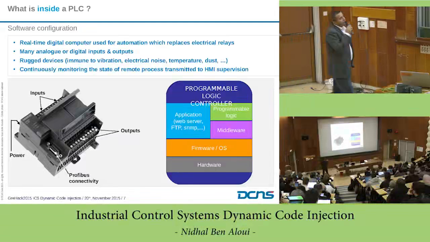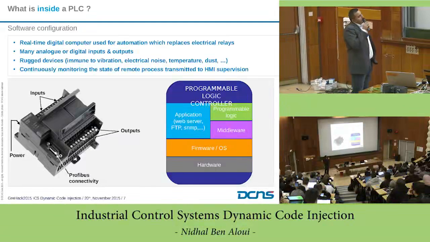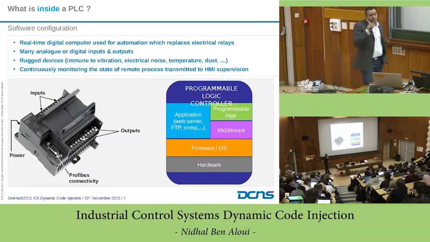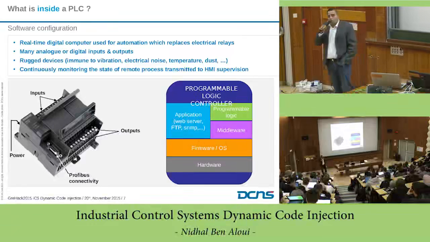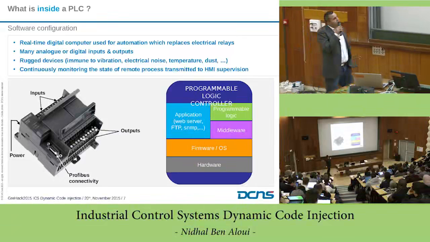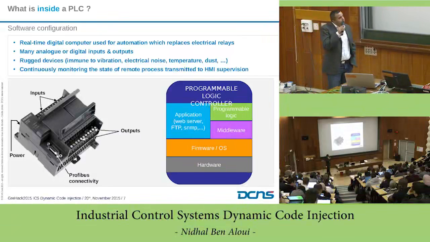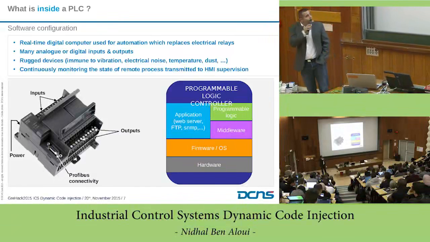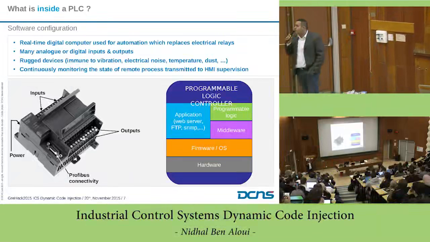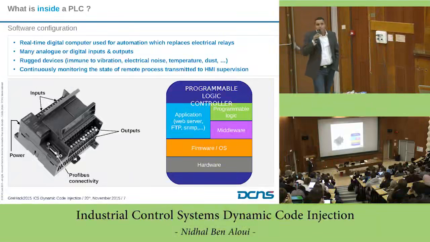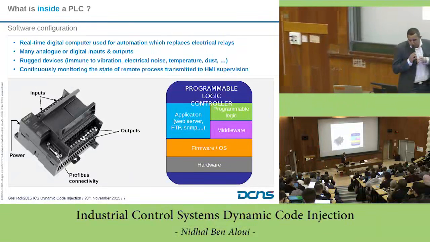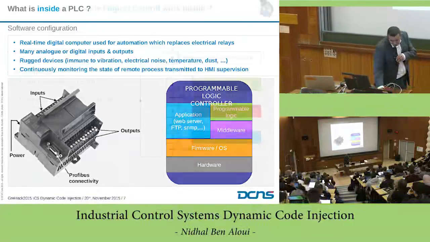We also have a middleware, an interface between the hardware and the programmable logic, the code written by the developer, and finally we have the application. I put here some general applications like a web server, needed to control and to modify the configuration of the PLC by the developer using internet communication.